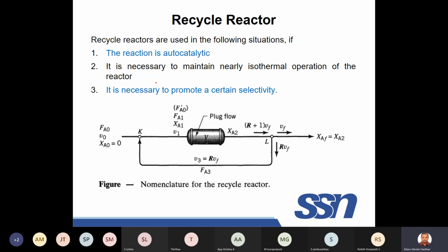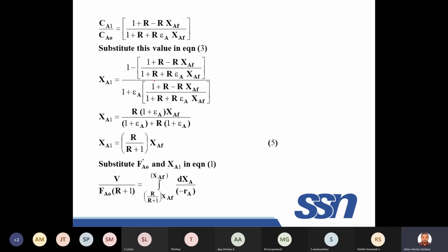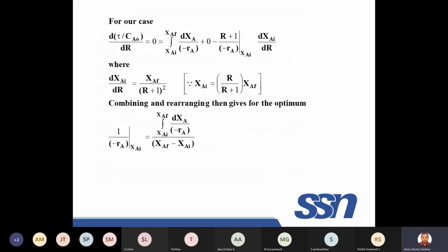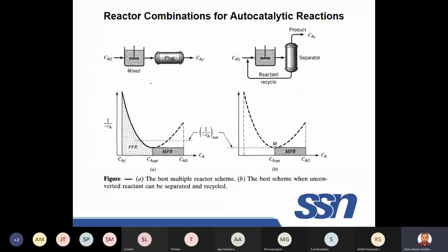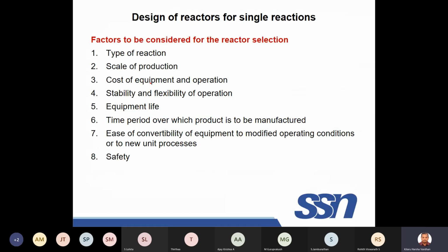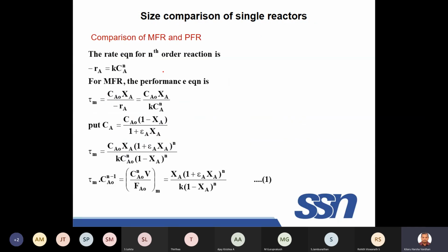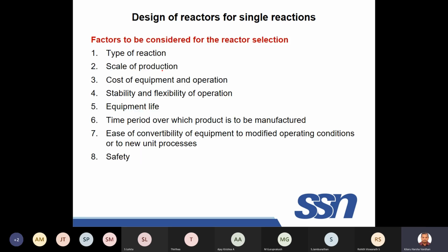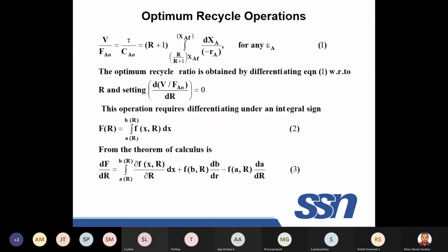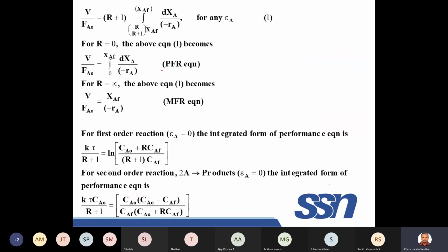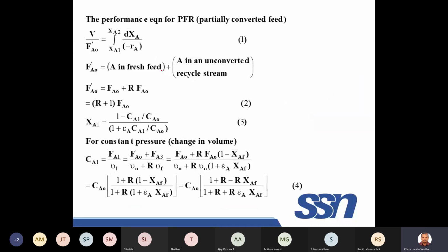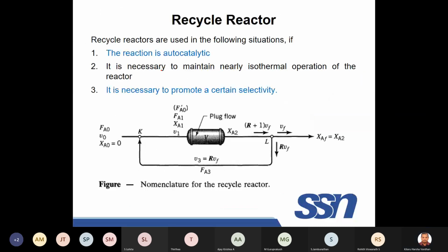So, last class we discussed the problems in autocatalyzed reactions, the design of reactors for a single reaction, whether PFR or MFR or a combination, which will give you the best volume of reactors for a particular rate, right?